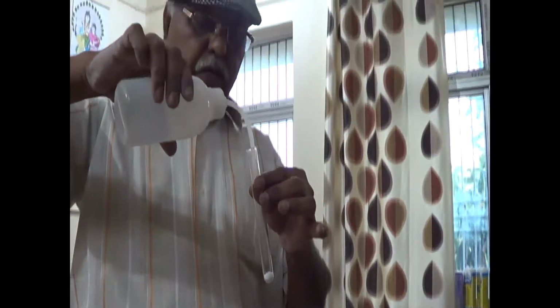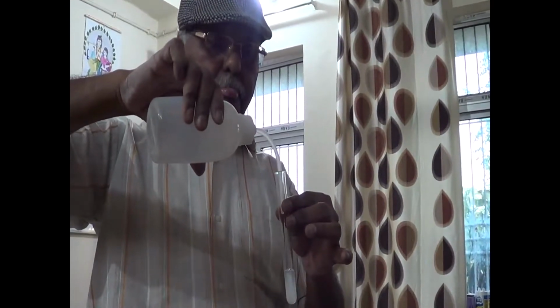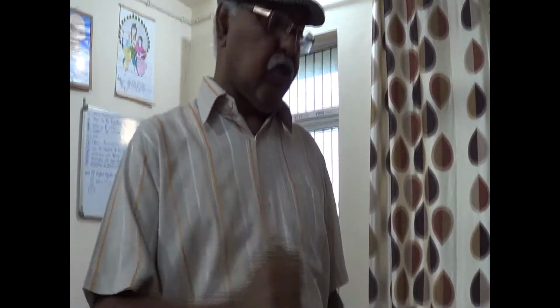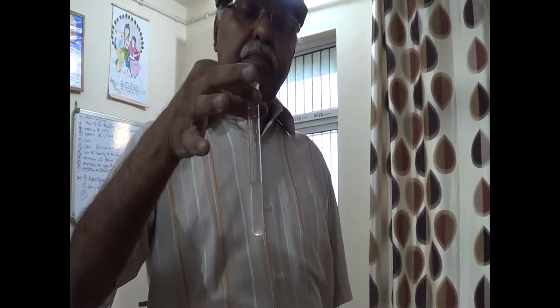There is not much risk, it is sodium chloride. We eat it daily and water is there, so there is no harm, it will dissolve like this. Now see, it is totally dissolved.